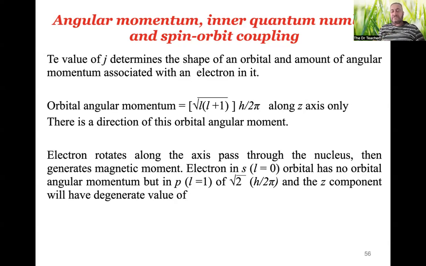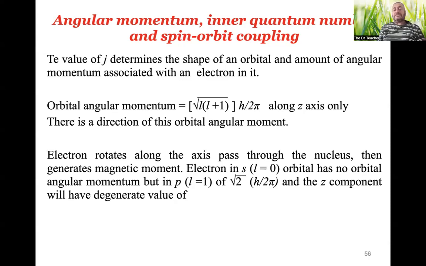When L equals 0, this is an s orbital, so this orbital has no orbital angular momentum. Why? Because s is spherical, so there is no direction, like a ball. Wherever you put it, it has the same direction. So for s, L is 0, and there is no orbital angular momentum.